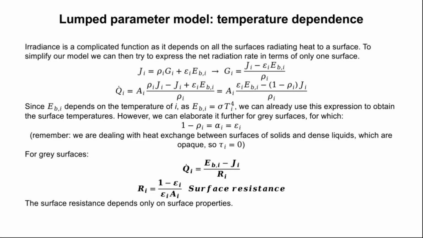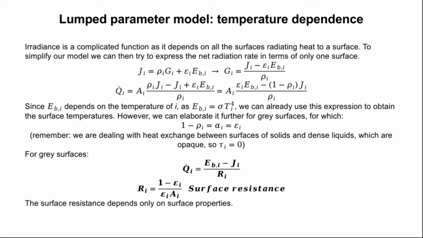However, we can elaborate this expression further when dealing with gray surfaces, for which 1 minus rho i is equal to alpha i, which is equal to epsilon i. Remember that we are dealing with radiative heat exchange between surfaces of solids and dense liquids, which are opaque, so the transmissivity for each body is 0.